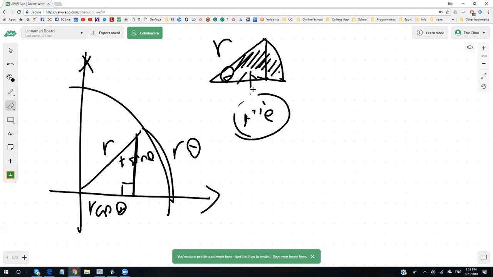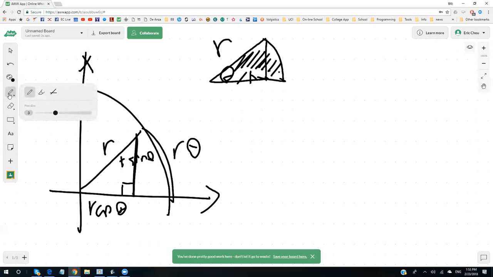Wait, how is the area? Give me a hint, right? The whole circle, what's the area for the whole circle? Pi r squared.